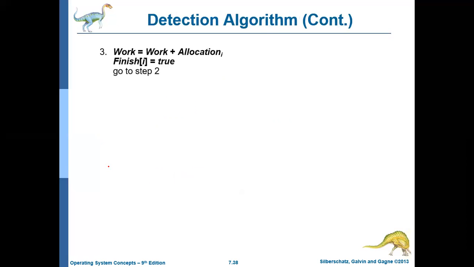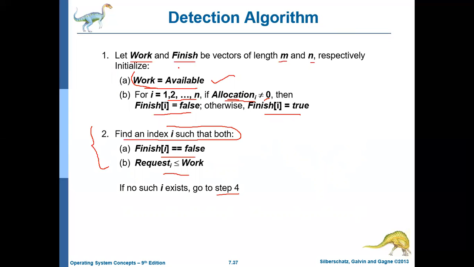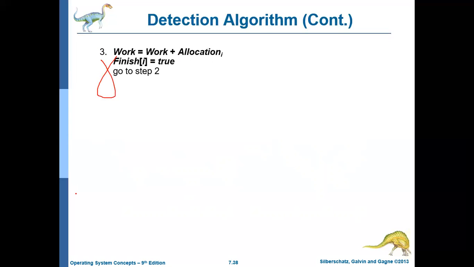In step 3, what we are doing: if you find a process for which finish of i is equal to false, and request is less than work, then work is equal to work plus allocation of i.